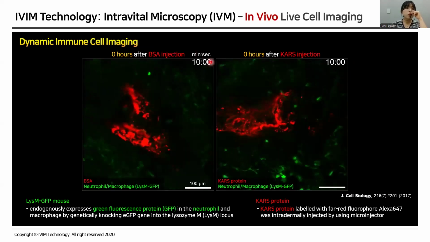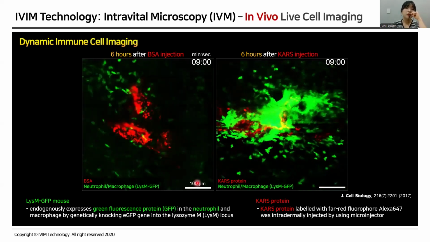Compared to the control model injected with BSA, we observed that immediately after drug injection, the CARS protein injected group showed a significantly higher number of immune cells being actively recruited and gathering at the injection site than the control group.